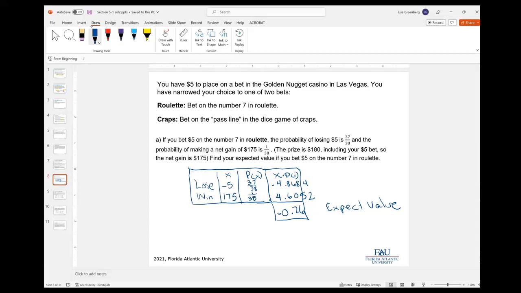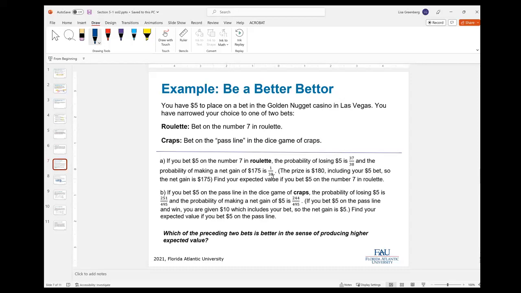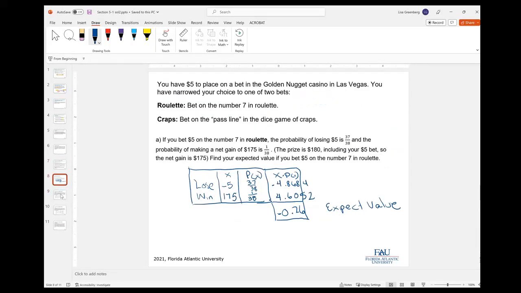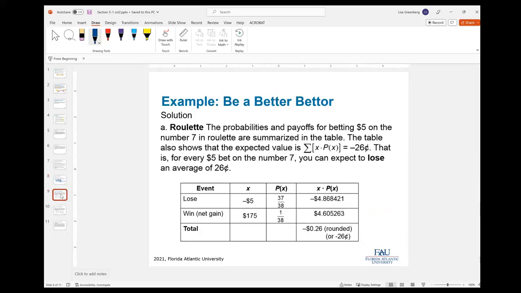But in general, that's my expected value, not my odds. Okay, so that takes care of this one. Now, I guess we can look and see. So did we get it right? It looks like we got it, okay?